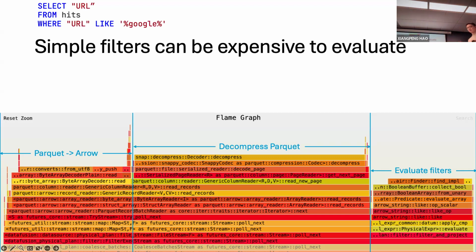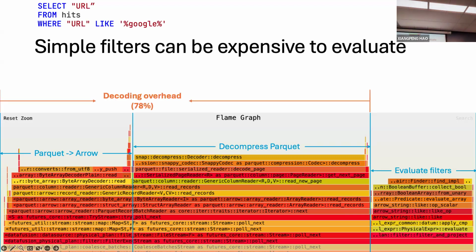We have to operate on Arrow, so that's the transcoding overhead. And then we have the time on the right-hand side, which is evaluating filters. That is actually the real work that we do to evaluate that filter.